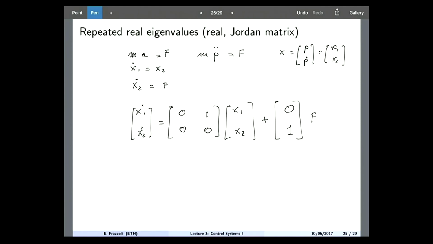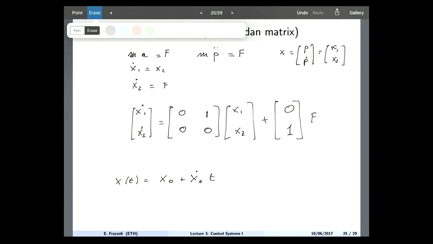What is the integral of this? When you were working on physics one, we were looking at the motion of a body with no external forces. So what is the solution? In that case, you would write that x of t is equal to the initial condition plus the initial velocity times t.